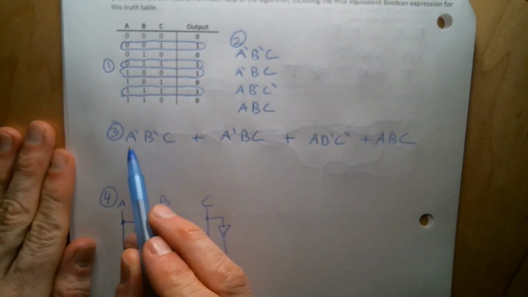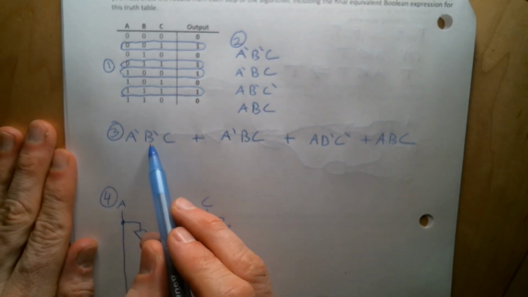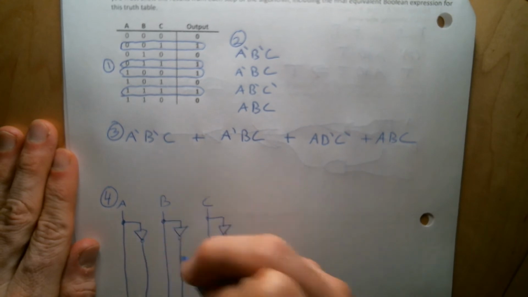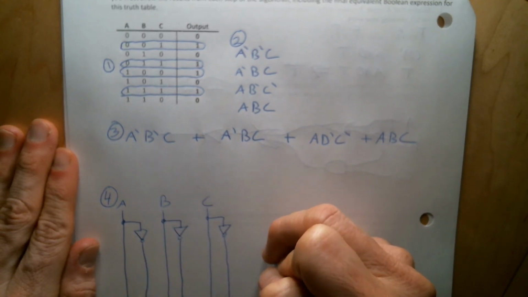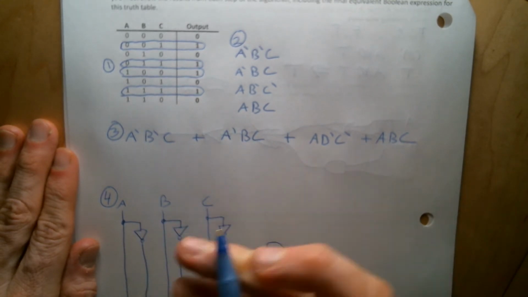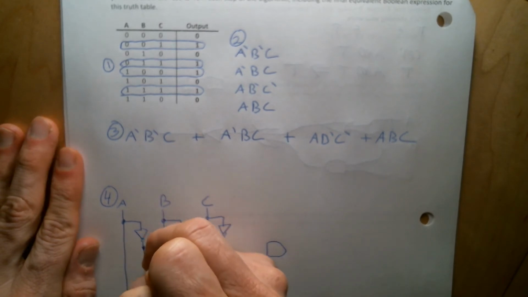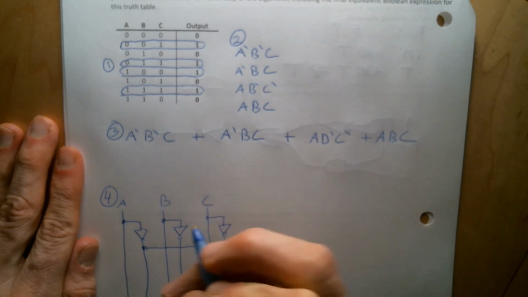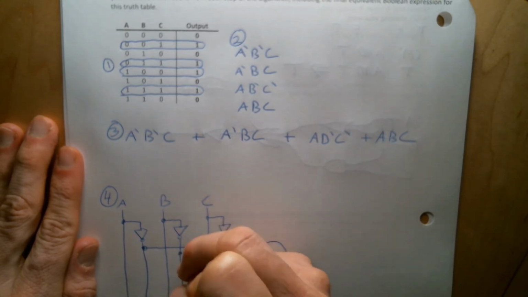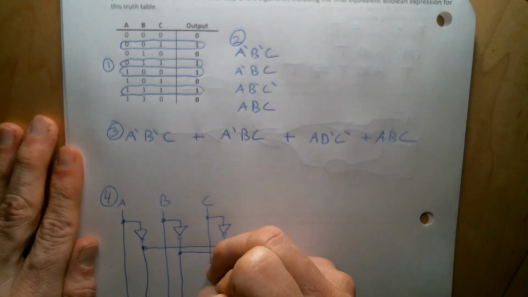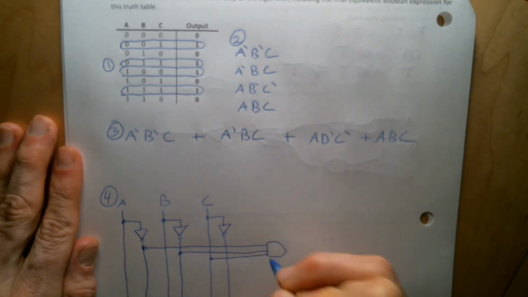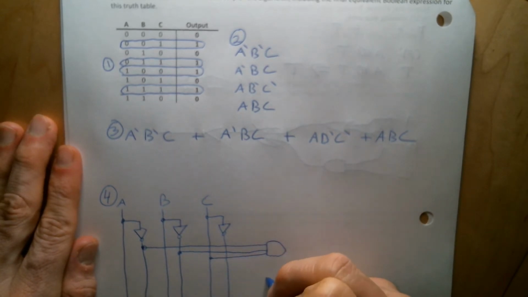So this first one says A naught, B naught, C. So what we can do is we can have an AND gate that just takes in 3 inputs. So we're going to say A naught, B naught, and then C. And we'll do the same thing for all of these.